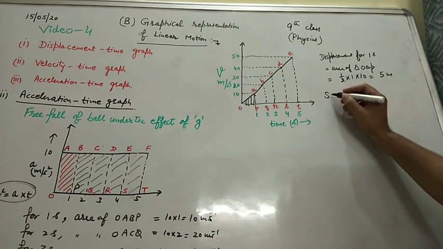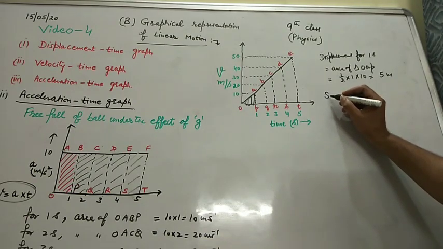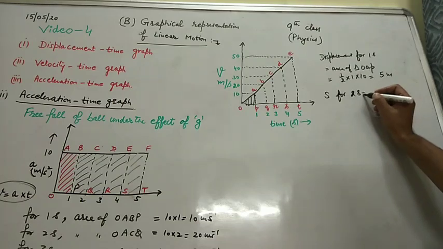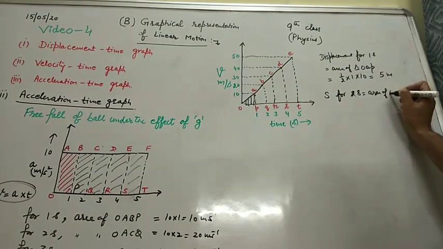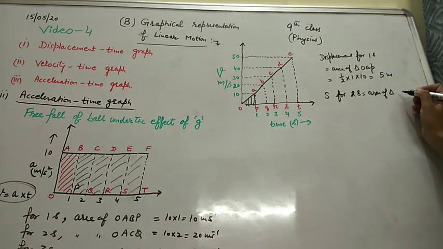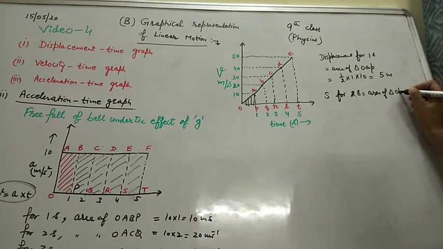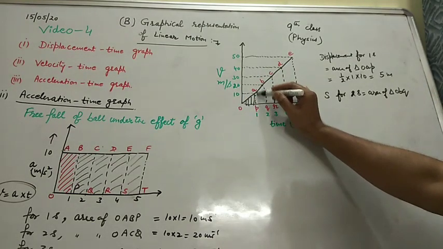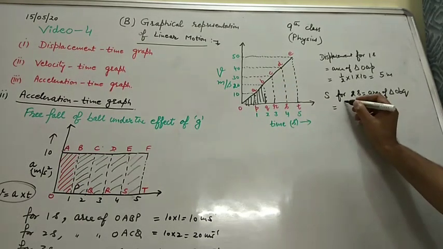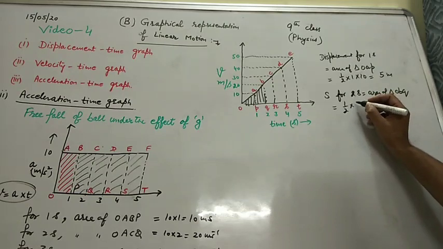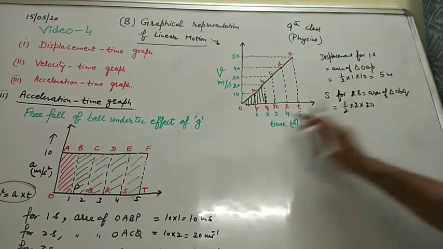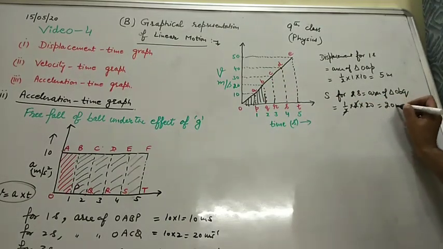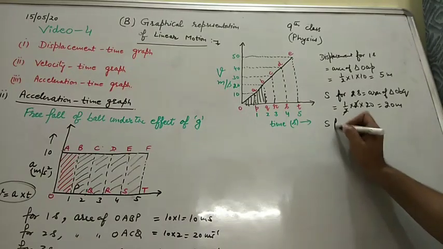So displacement, that I am denoting with S, for 2 seconds, I can get by finding the area of triangle OBQ, this complete triangle now. How can we get that? Half into base into height. That is half into 2 into 20. This is the base and this is the height, 20. So what is the answer? 20 meter.